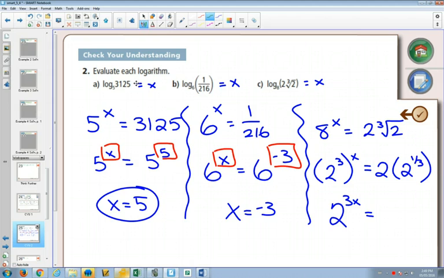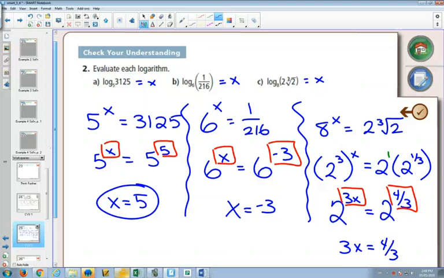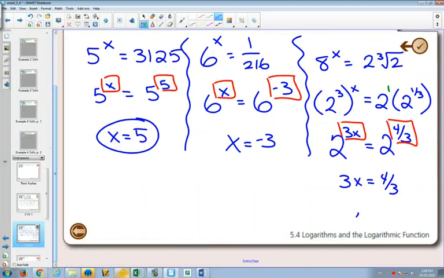This one, even though it's not written there, has an exponent of 1, and 1 plus 1/3 is 4/3. Now that the bases are the same, these exponents would have to be the same. So 3x is equal to 4/3. Divide both sides by 3, and x is equal to 4/9.